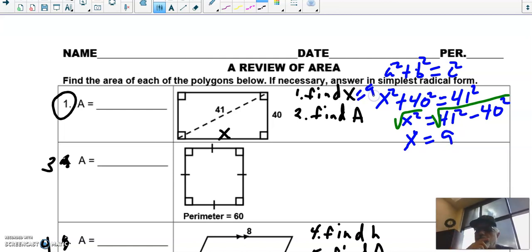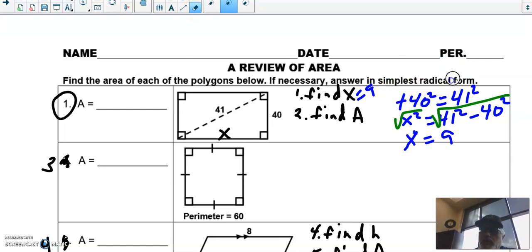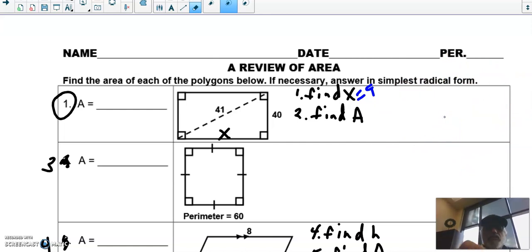That's number 1. Now to get number 2, remember, finding area, I'm going to go ahead and erase this so I have a little bit more room. To find the area, area is equal to the length times the width.